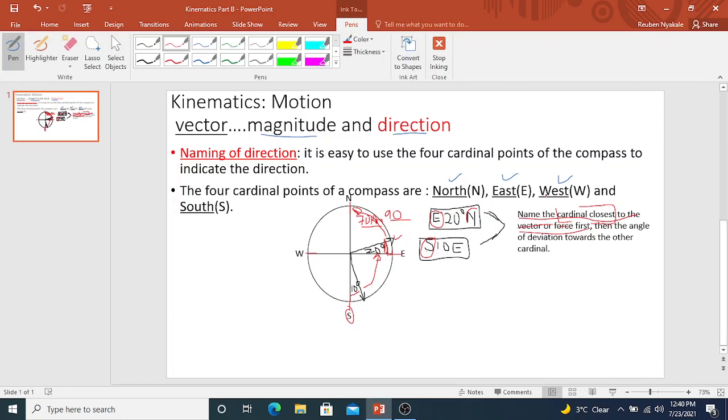It is based on this principle here, the naming of direction. Let us wipe so that you can see clearly there. Right. The naming of direction, it is based on this principle, good people. Please jot it down.